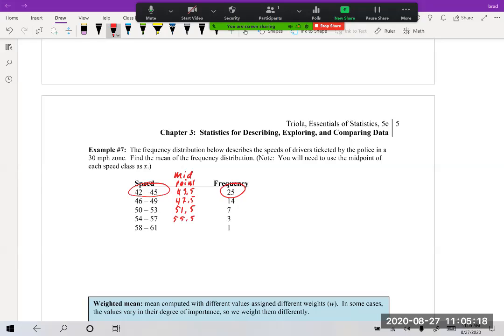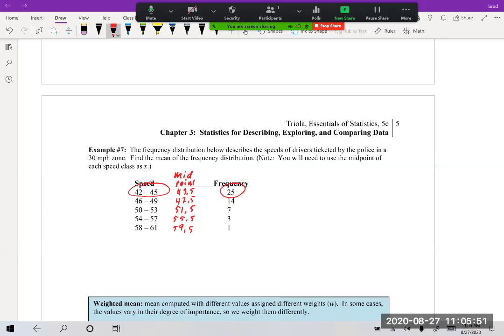The next one, 59.5, from 58 plus 61 divided by 2. Yep, that's good. Anyway, my calculator freaked out right now. I think it rounded off or something. I have to mess with the values.